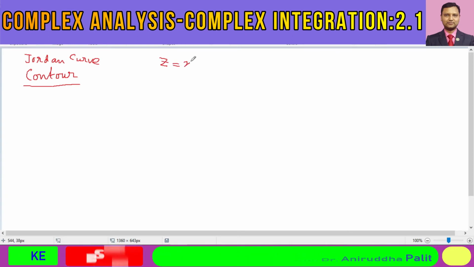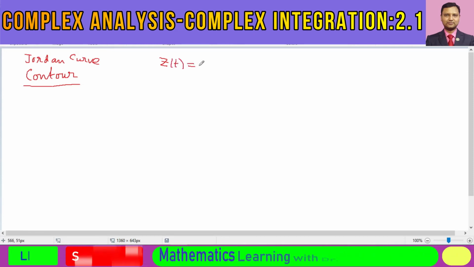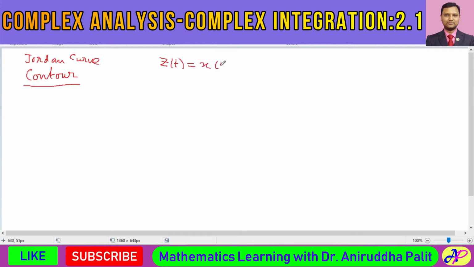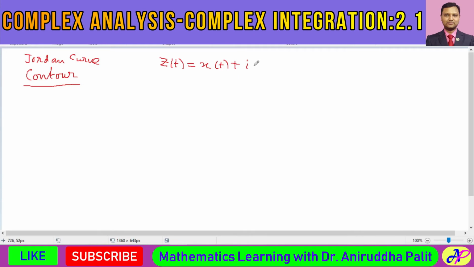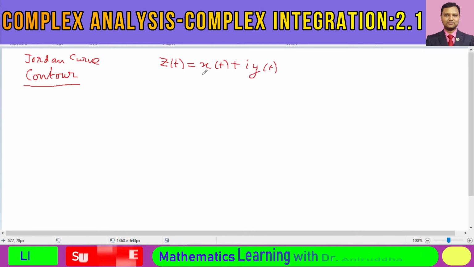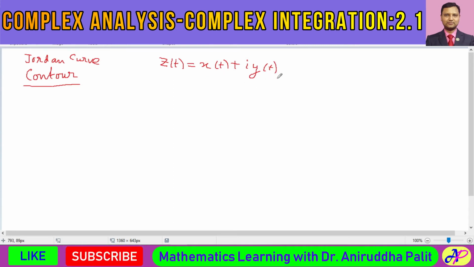So we expect that this can have this type of representation: z of t is equal to x of t plus i into y of t. Because it is continuous, these two functions x of t and y of t should be continuous functions.